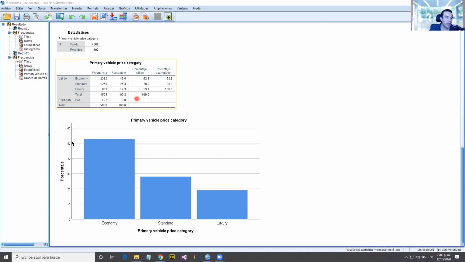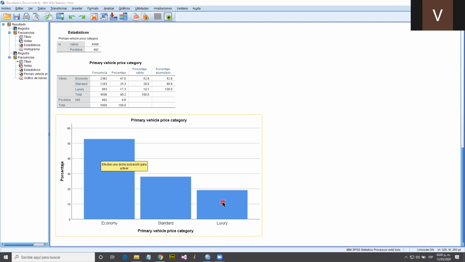And that is why I chose percentage in this chart. You can see right here, this line is 50%. So this means that more than half of the people surveyed said that the first option of car they had was an economy one. It is right here. Then standard and last luxury.